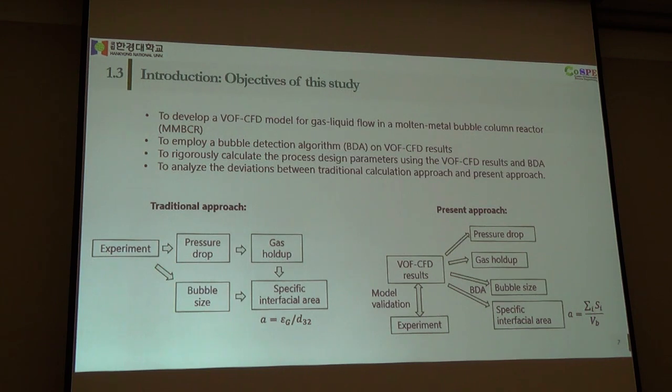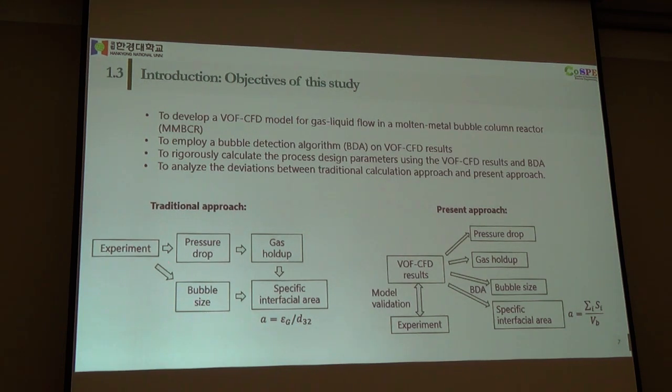Using the CFD model results and the bubble detection algorithm, we can rigorously calculate the process design parameters and analyze the difference between the traditional and the new approach. The traditional approach can be like that.